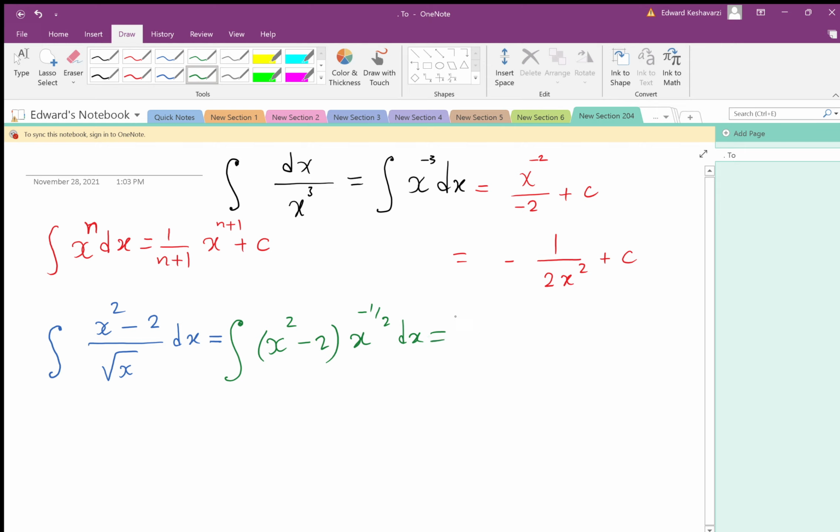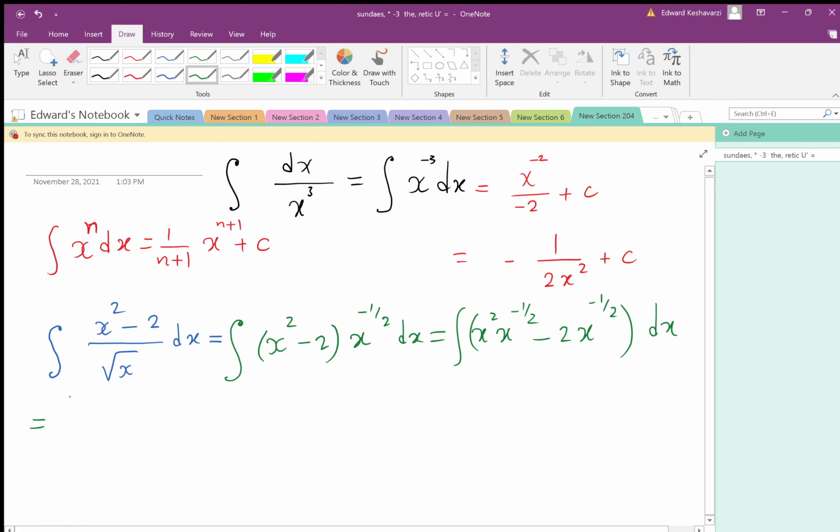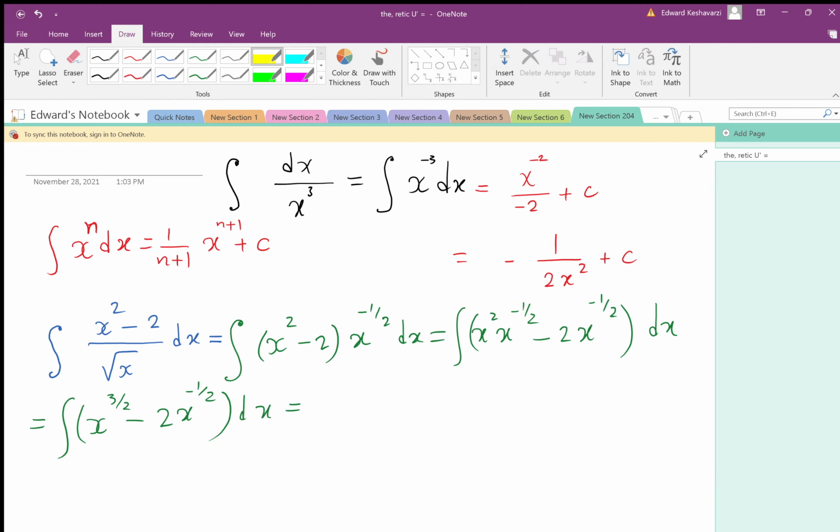And let's use the distributive law to get x squared times x to the power of negative 1/2, minus 2x to the power of negative 1/2 dx. And as you know, when the bases are the same, you're going to add the exponents. So it's going to be x to the power of 3/2 minus 2x to the power of negative 1/2 dx.